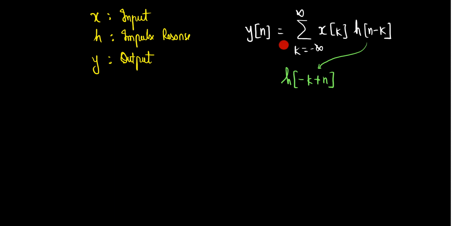So the overall interpretation is that if you have two signals, x and h, you consider h, you flip it, then shift it, multiply both of them, and then add it. In a sense, there are 4 different steps happening in this equation. The first is flipping, that is the negation operation here. Then shifting.